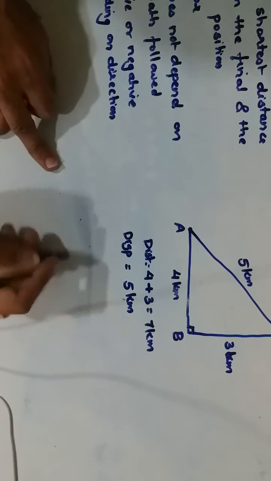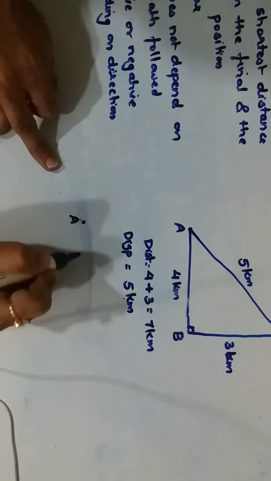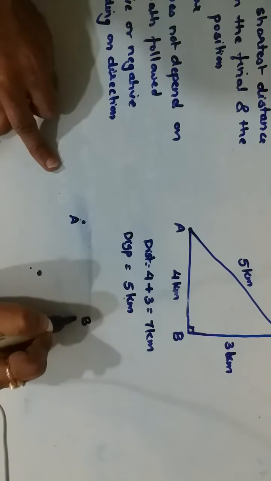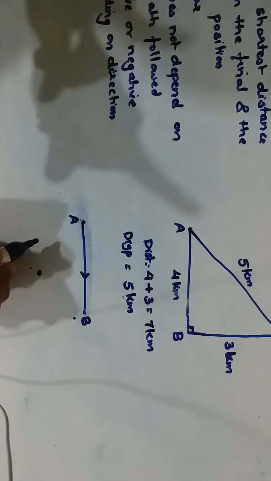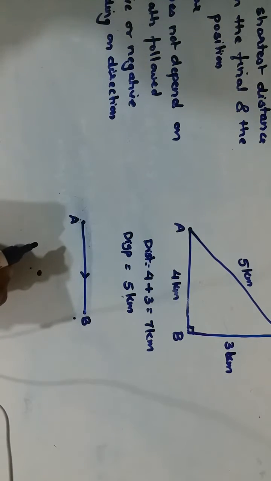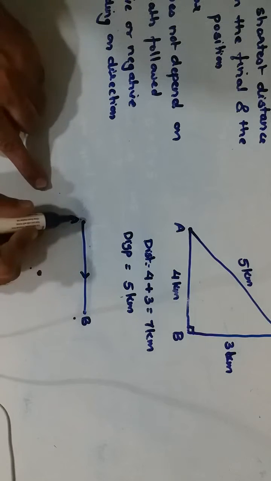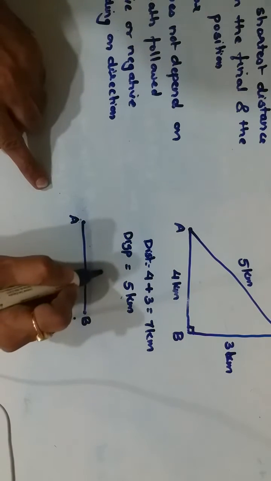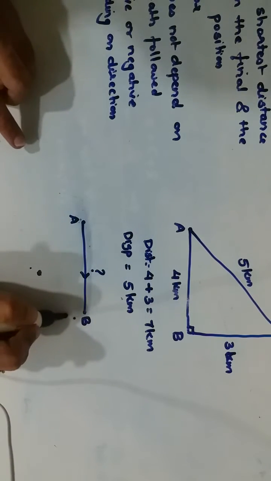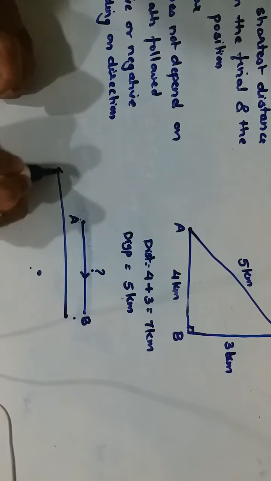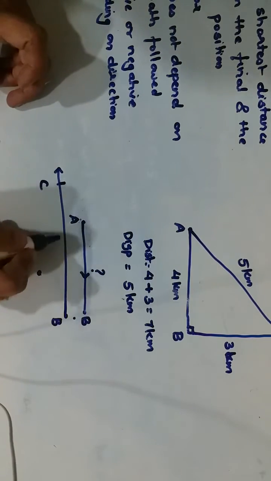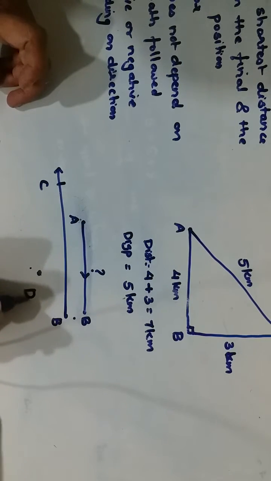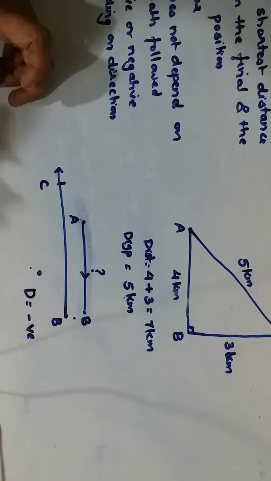In the case of displacement, when the object is moving from A to B in one direction, I need to specify the direction again, because it is displacement. So if it is moving from A to B, it might have covered some distance. Again from B to C, it is coming in the opposite direction. So when it is the opposite direction, displacement is negative.